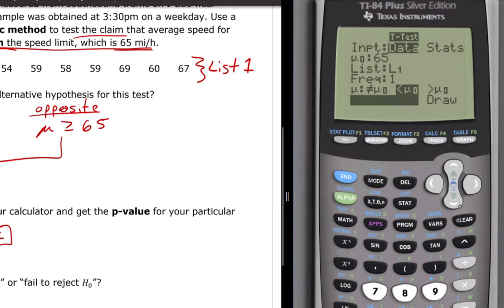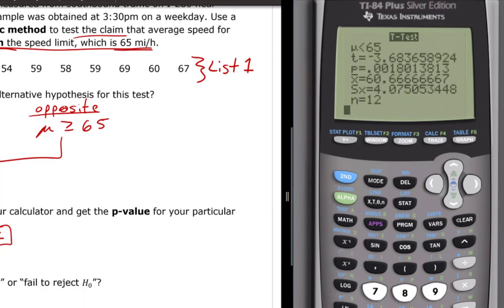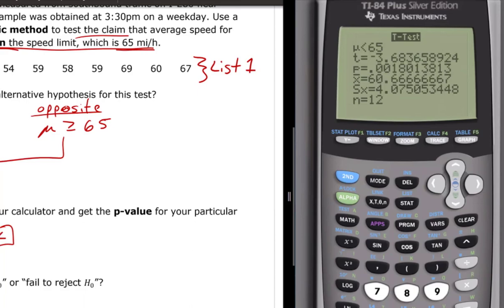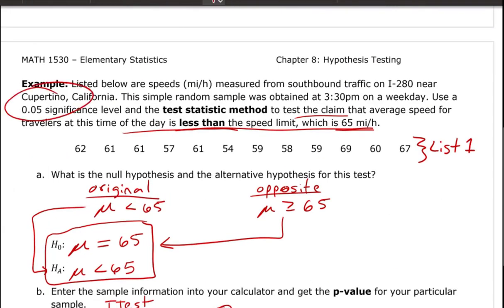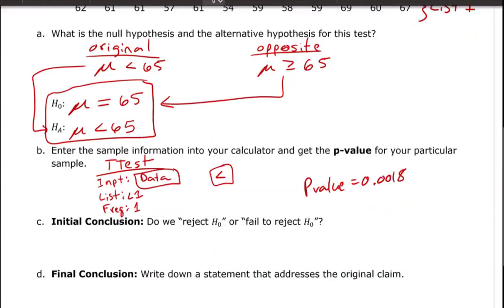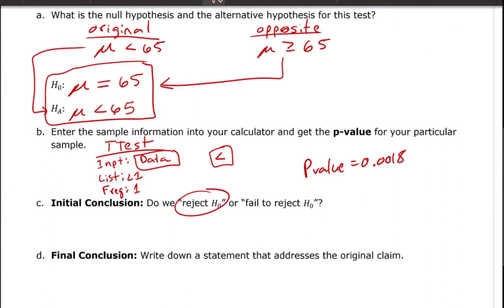Then I hit calculate, and we end up getting a p-value of 0.0018, which is going to be less than the 0.05 significance. So we want to say, yes, this is going to be reject. P is low, the null must go. So we're going to reject the null.